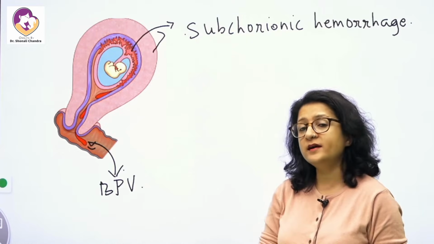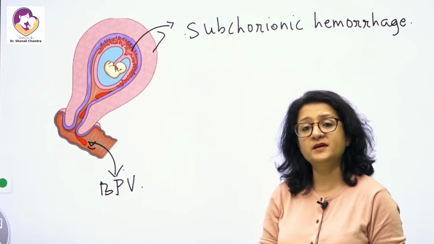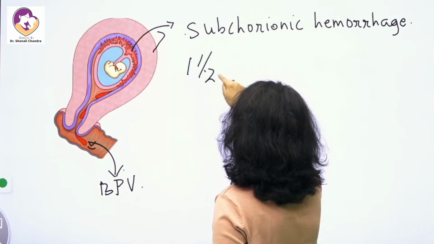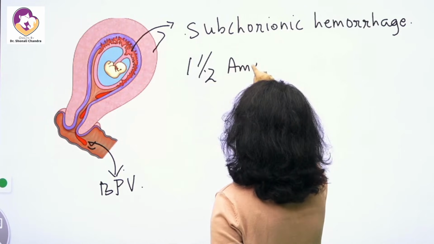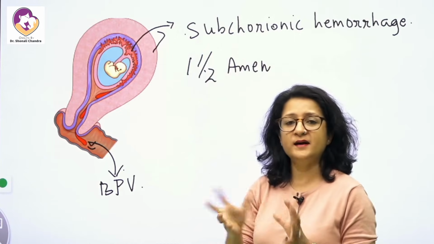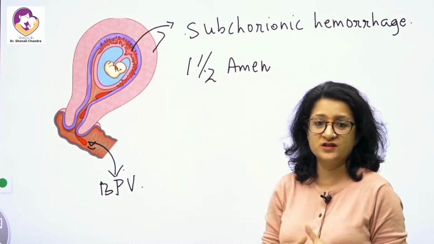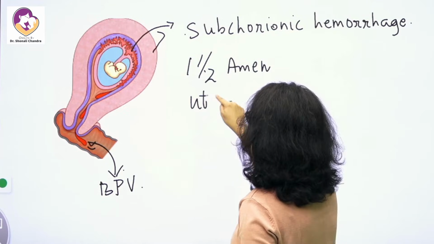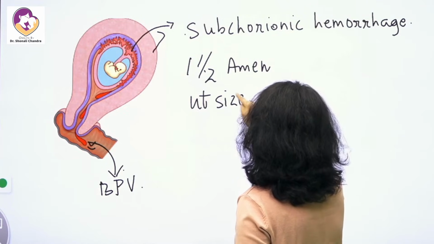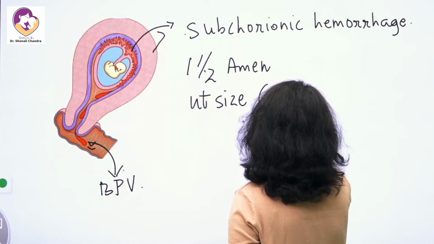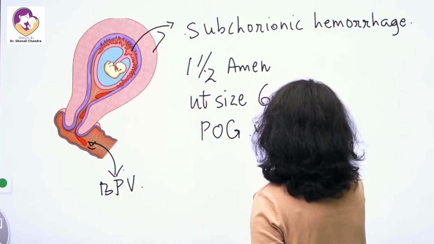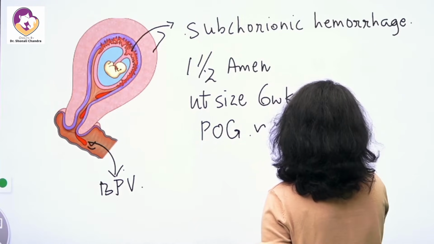Now, another important point in examination in this case was the fact that she had a period of amenorrhea of 1.5 months, right? So approximately, let's say that she's somewhere around 6 or 7 weeks pregnant, and the uterus size was also 6 weeks. So what we saw was that the period of gestation was corresponding with the uterus size.